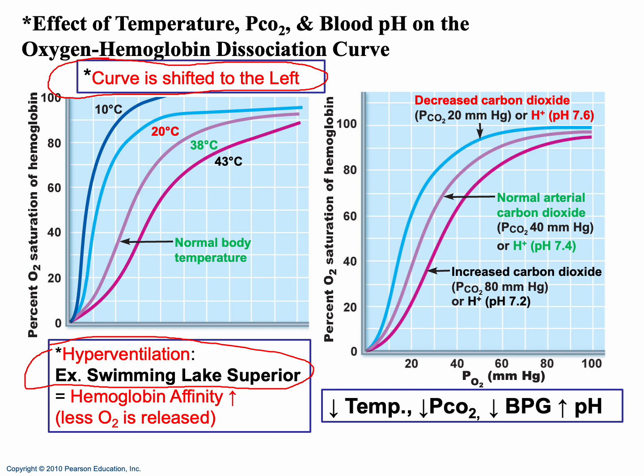So that's the case. Body temperature is falling slightly. The oxygen hemoglobin dissociation curve is being shifted off to the left, going from 38C more towards the direction of 20.